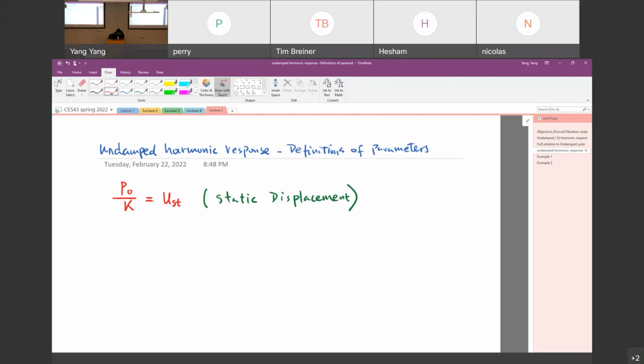Another important one is 1 over 1 minus beta squared. This parameter is called the magnification factor.